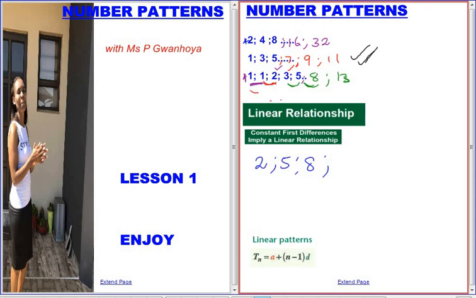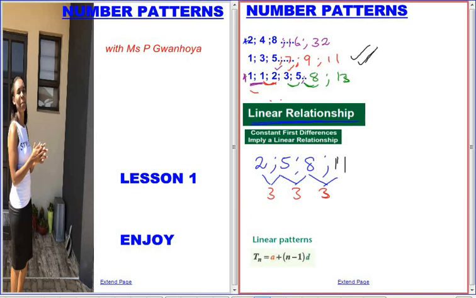From 2 to 5, I added 3, and from 5 to 8, I added 3. So you can tell me the next term: if we add 3, it should be 11. These are the linear relationships, or linear number patterns, that we're talking about. You can see there is a constant difference, it's 3 everywhere.